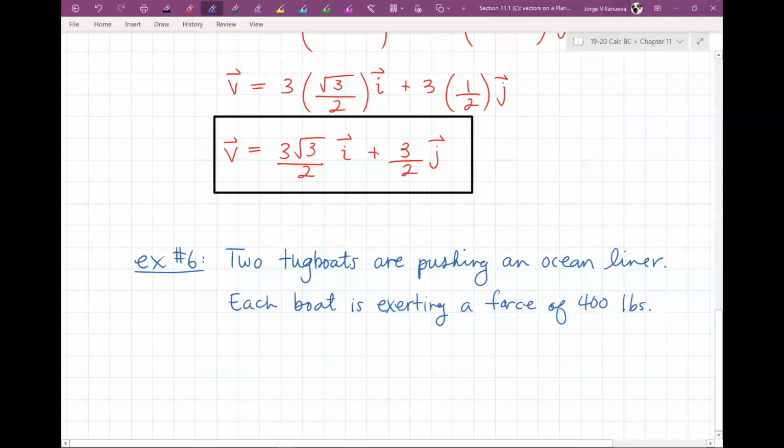Each boat is exerting a force of 400 pounds. What is the resultant force on the ocean liner?